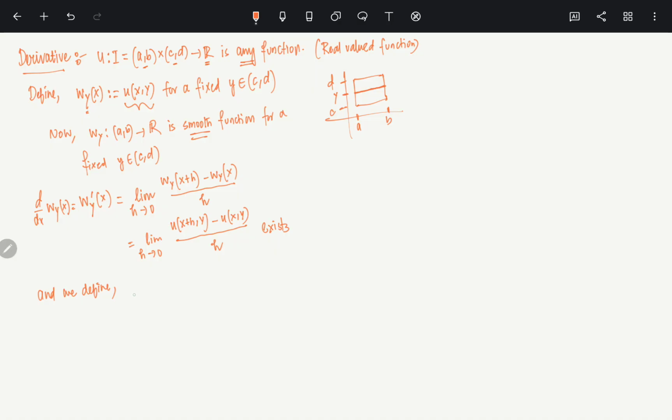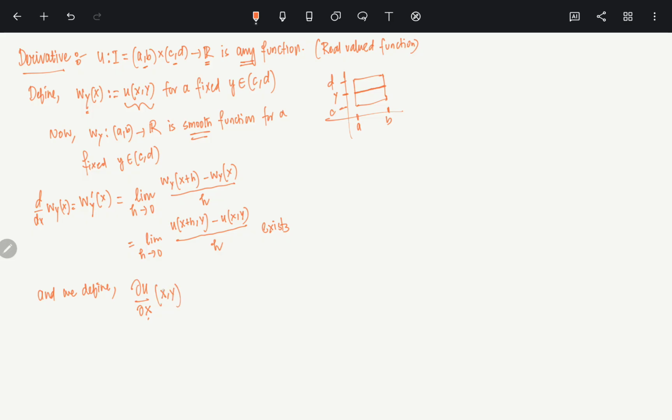So basically we define the partial derivative. We write it like this: the partial derivative of u with respect to x. You see here y is fixed, so we are looking at the variation in the x direction, for a fixed y. So at the point (x, y) is any point.